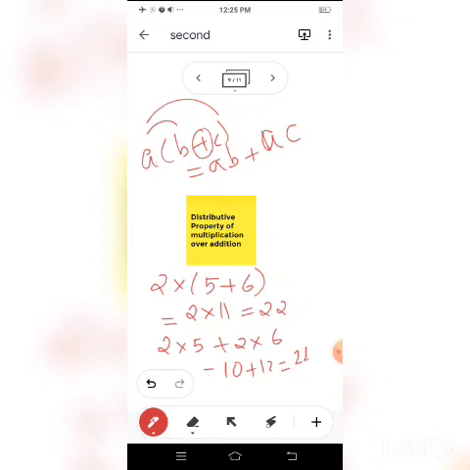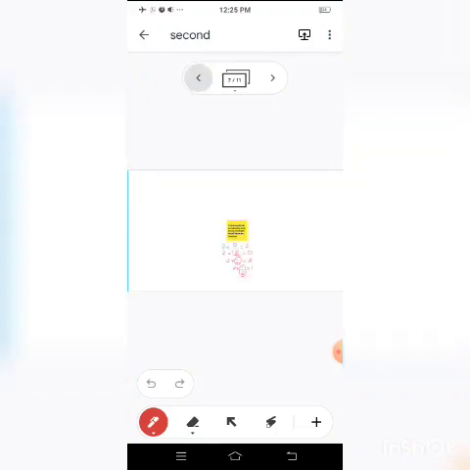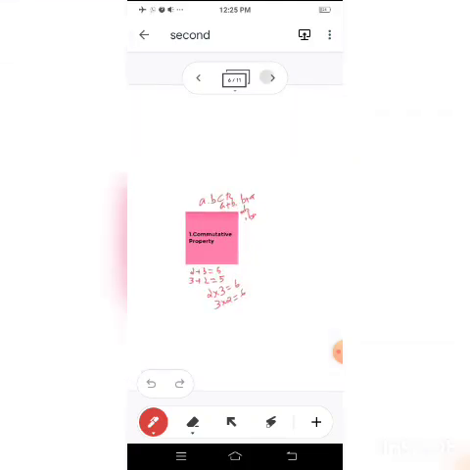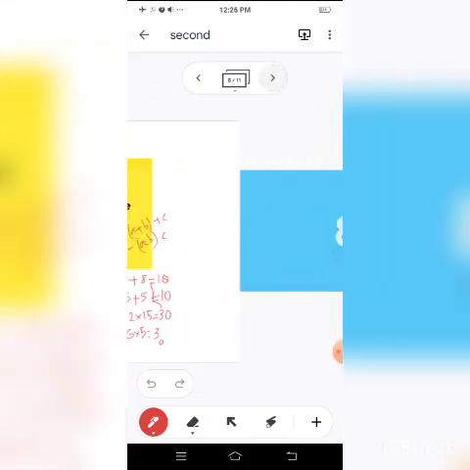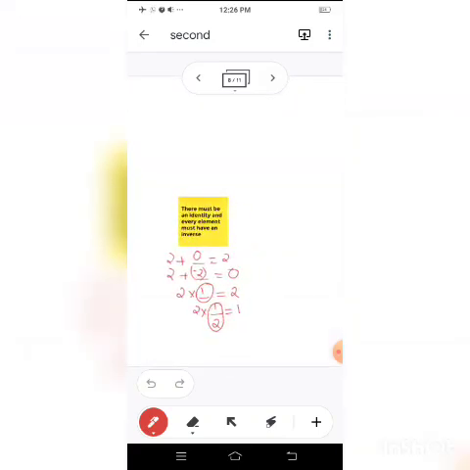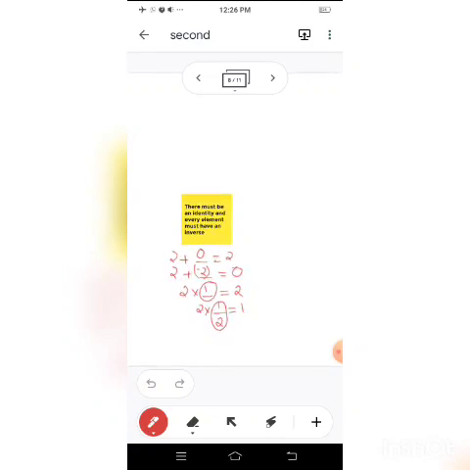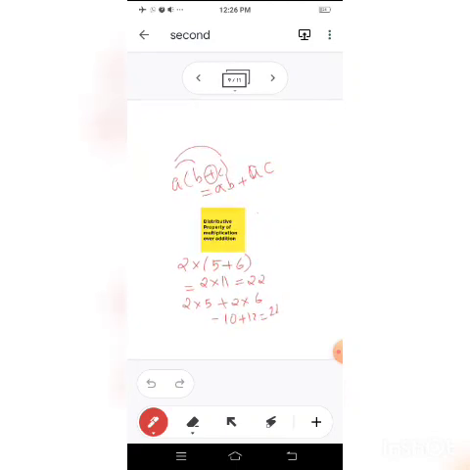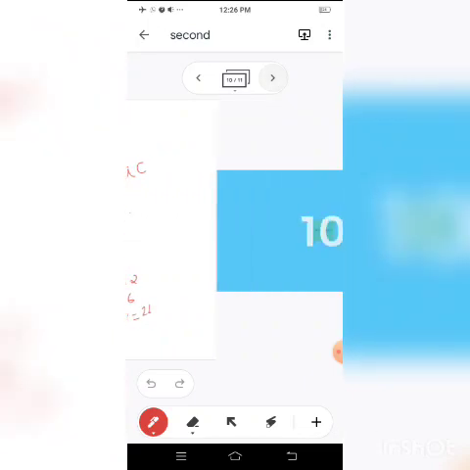So a field is any set where addition and multiplication are well defined operations that are commutative, associative, and there must be an additive identity and additive inverse, and a multiplicative identity and multiplicative inverse. And the final property is the distributive property of multiplication over addition. When all these properties are satisfied, then that set is called a field.